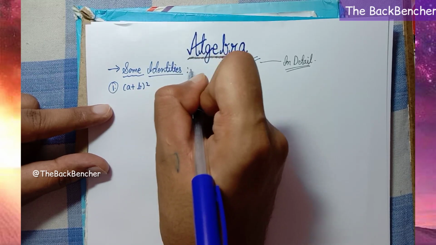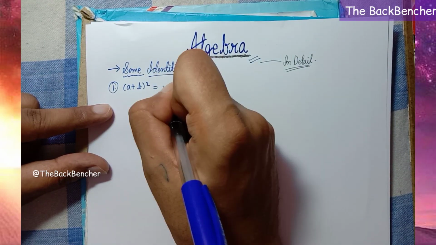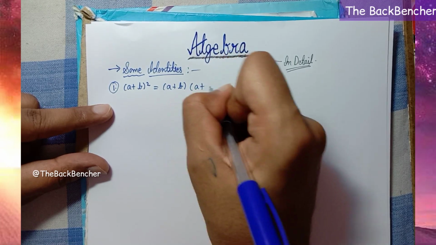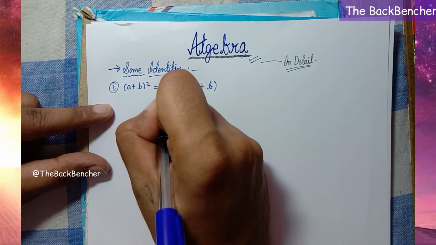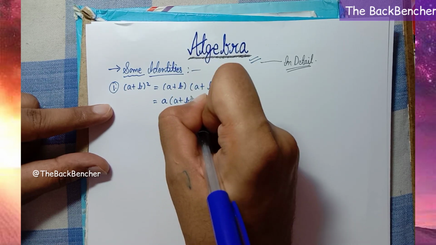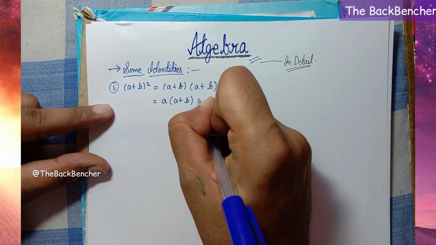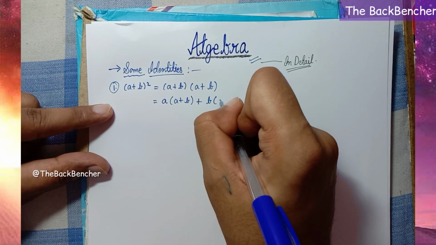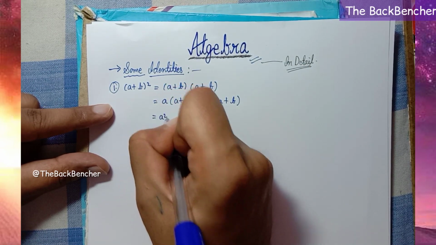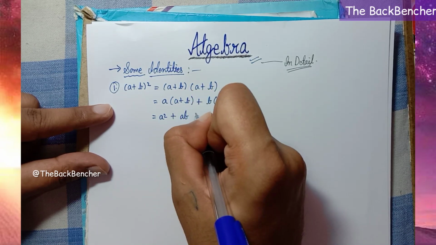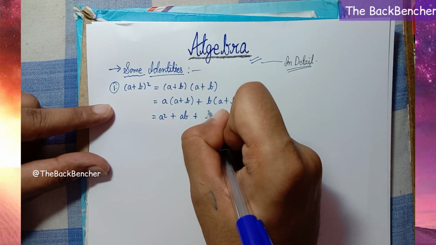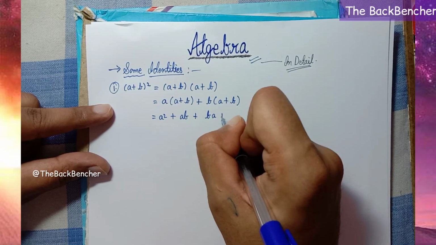So let's begin. First of all is a plus b whole square. Many of you already know about this. a plus b and a plus b, that is a plus b whole square. After opening the bracket, a into a is a square plus ab, and b into a is ba plus b square.